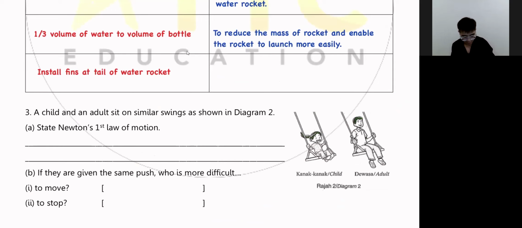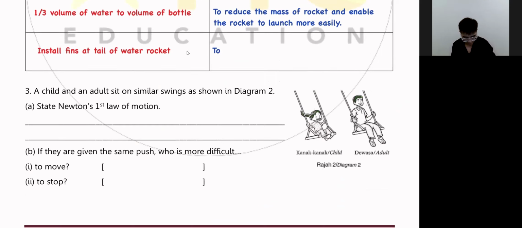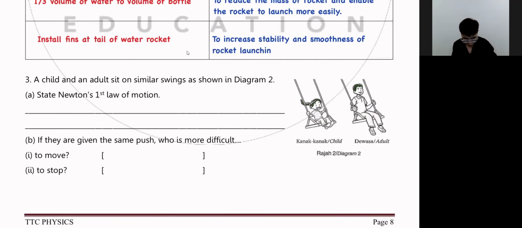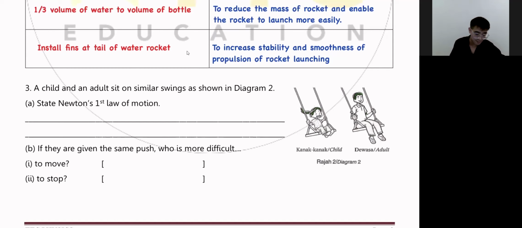Like I said, it's because you want to increase the stability and also the smoothness. Smoothness of what? Of the rocket launching and also propulsion. We can write: of the propulsion of the rocket launching. So that means including the launch and also the propulsion afterwards, it will be more stable.